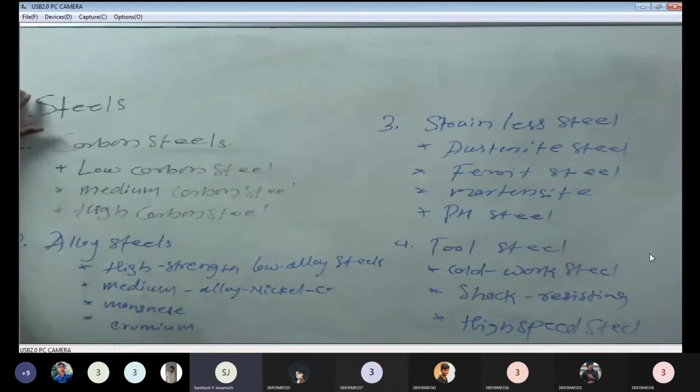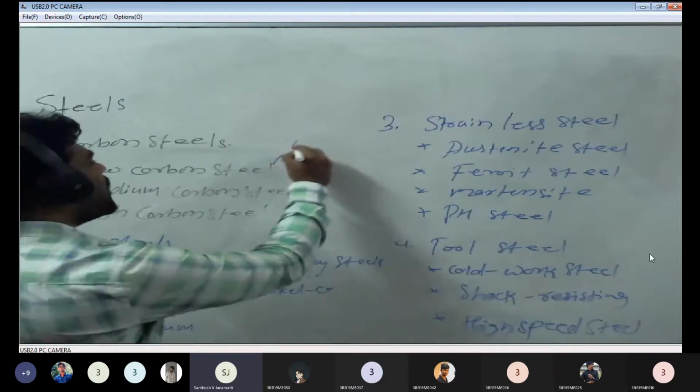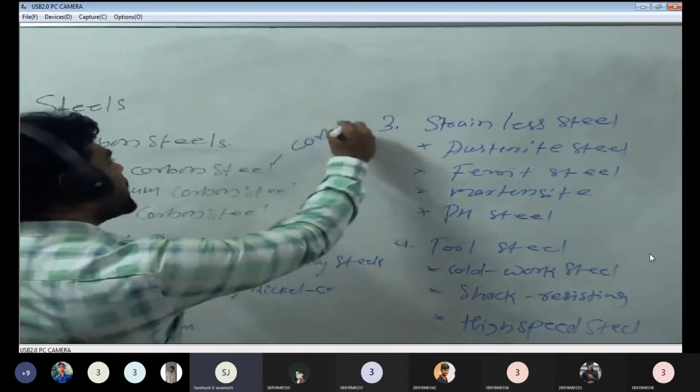Technically, we can classify the steels based on the carbon content. As I told you, carbon content plays a very vital role in steel.